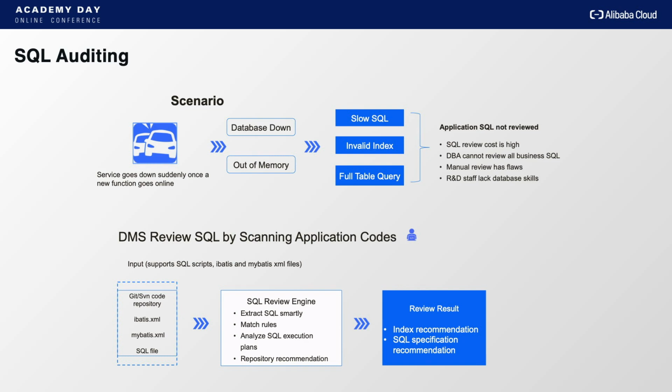So DMS is able to analyze all kinds of SQLs to identify those SQLs that might be causing stability issues. And then DMS can make a recommendation in terms of how to update the SQLs, or at least give you a warning that you better not to run these SQLs as is. You better kind of modify, refine your SQL so that your code does not impact the production stability. And that's very, very appreciated by a lot of our customers.